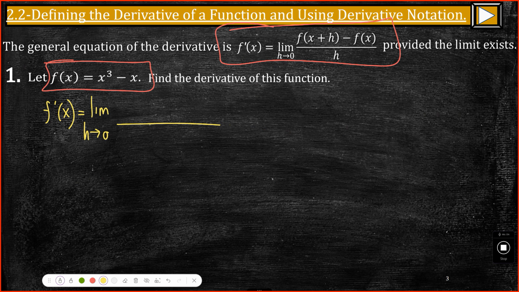This is going to be so much algebra. I need to write small here. All right. So we're going to go f of x plus h. For every x, this is where it gets confusing. For every x, I'm going to substitute in x plus h.